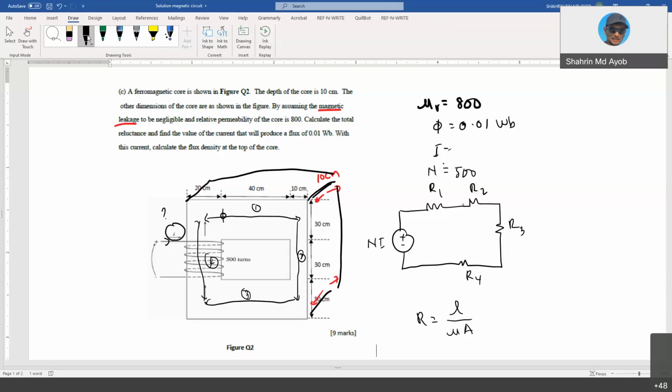The values of the length have been given here, but this one is actually the mean, the average length. So section 1 you compute starting from here to here. You have 10 centimeter here, 40 centimeter, and another 5 centimeter. So your L1 should be 55 centimeter.